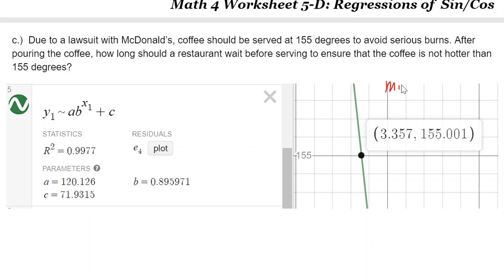Again, this is in terms of minutes and degrees Fahrenheit. And so this is telling me that I need to wait at least 3.357. I'm going to say either 3.5 minutes, maybe 4. If you're worried about a lawsuit, let it go to 4 minutes.